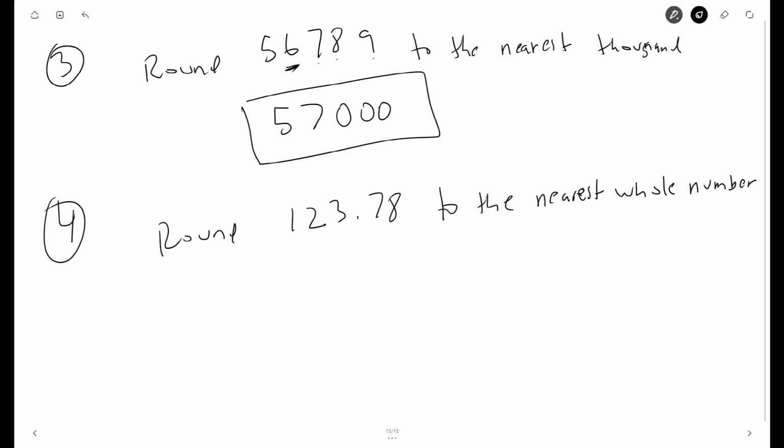So for this, we're gonna look at the number next to the decimal point, which is 7, 5 or greater. Yes, so we need to add 1 to 3, that would be 1231, and that will be the whole number.